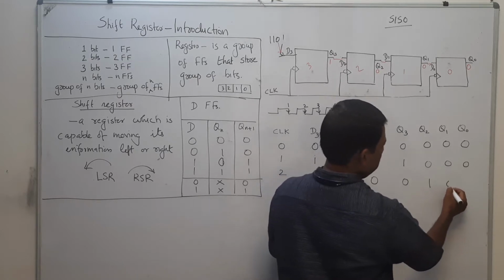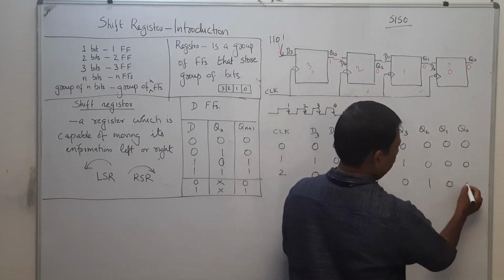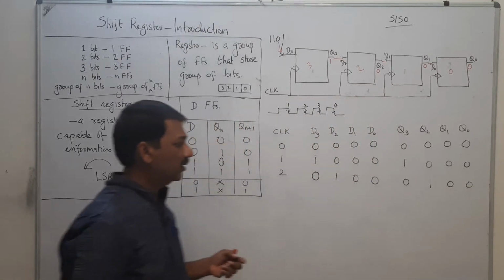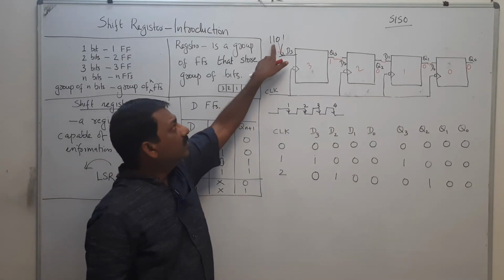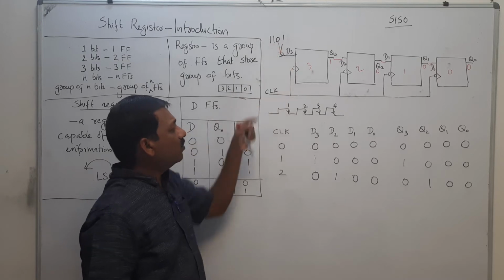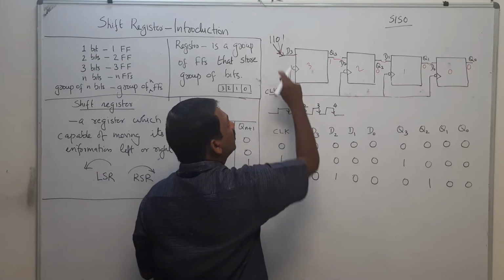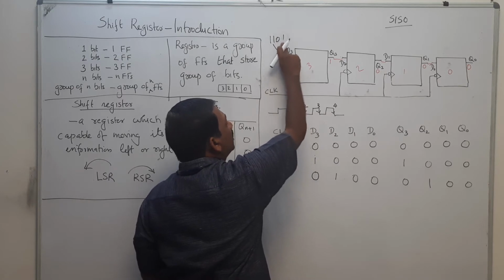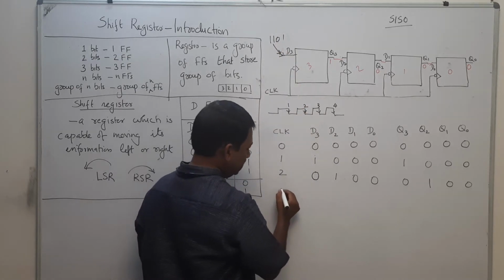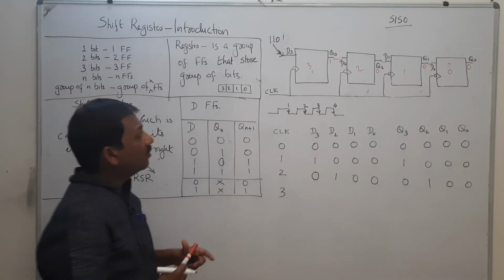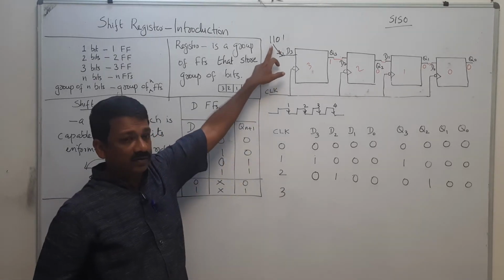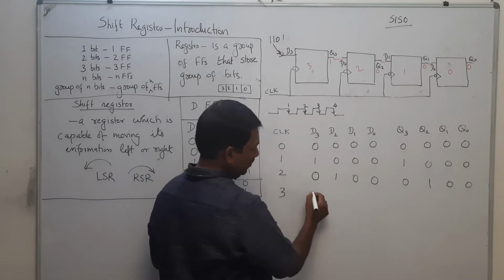D1 is 0, so Q1 is 0, and D0 is 0, so Q0 is 0. Now this phase is over. For the third cycle I am going to give the next 1.